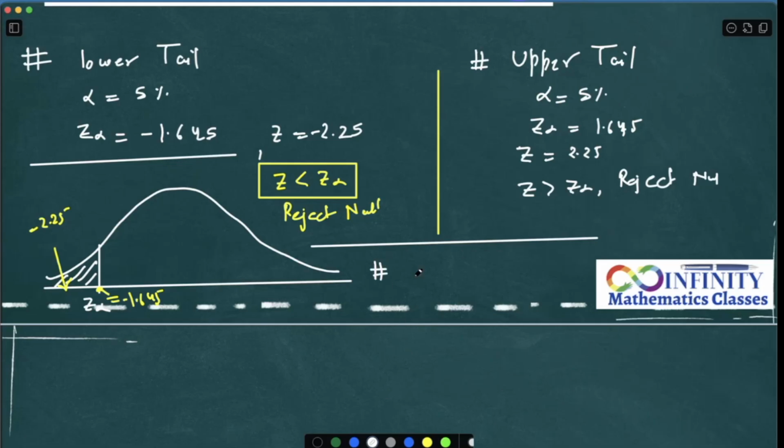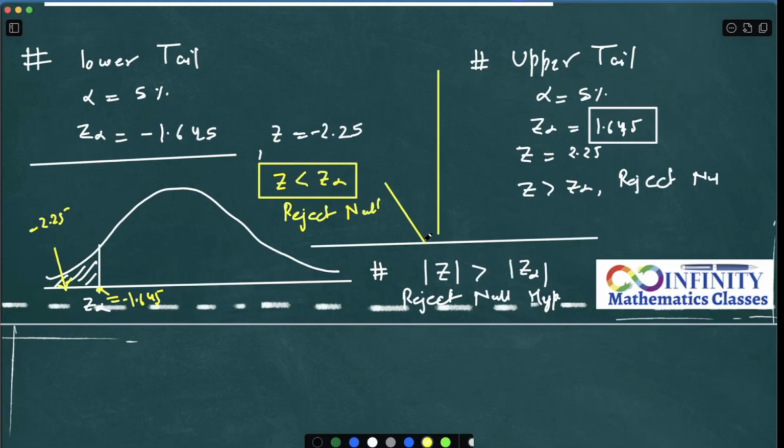Alternatively, you can combinedly say that whenever the mode of Z is bigger than the mode of Z alpha, where the mode of Z alpha is always 1.645, I need not worry about the negative or positive sign, and I reject the null hypothesis. So it serves both cases. Even for the lower tail you have the same situation: Z was negative 2.25, which is less than negative 1.645.